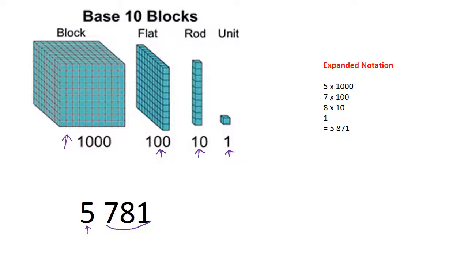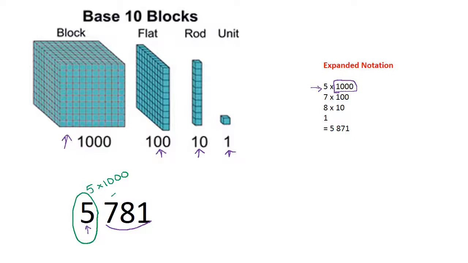Now, expanded notation means that you're going to write each digit and the place value that it's in. What does it mean? So if the 5 down here is in the thousands spot, what that means is there's 5 of these blocks, and each of those blocks has 1,000.